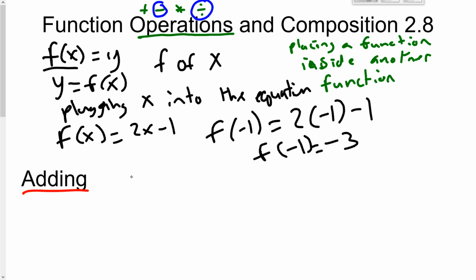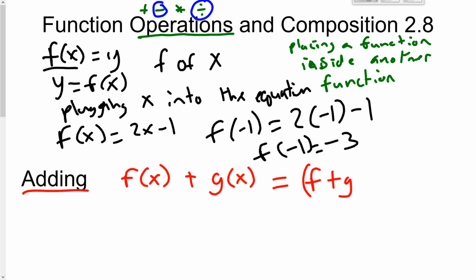We're going to take one function, f of x, and add another function, g of x. You can write it like that, or you can write it like this, f plus g of x. Those are the two ways you could write that when you're adding two functions.